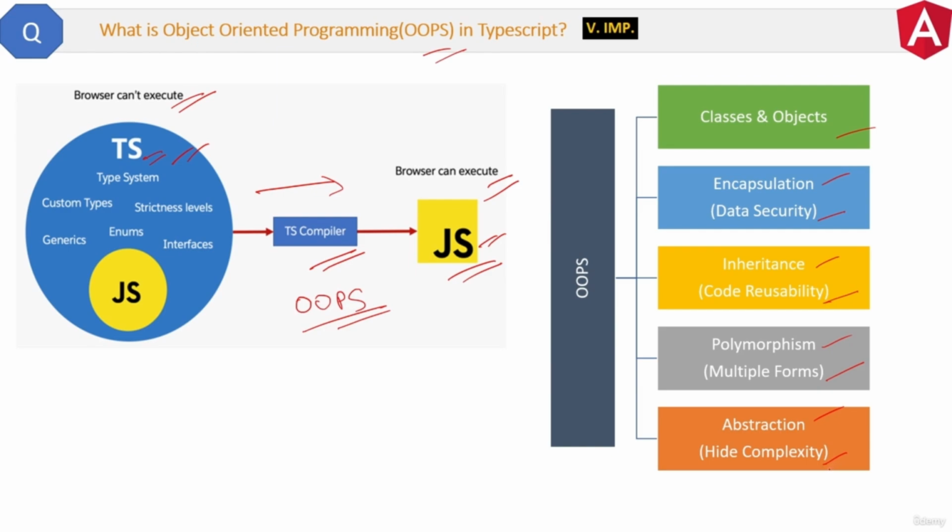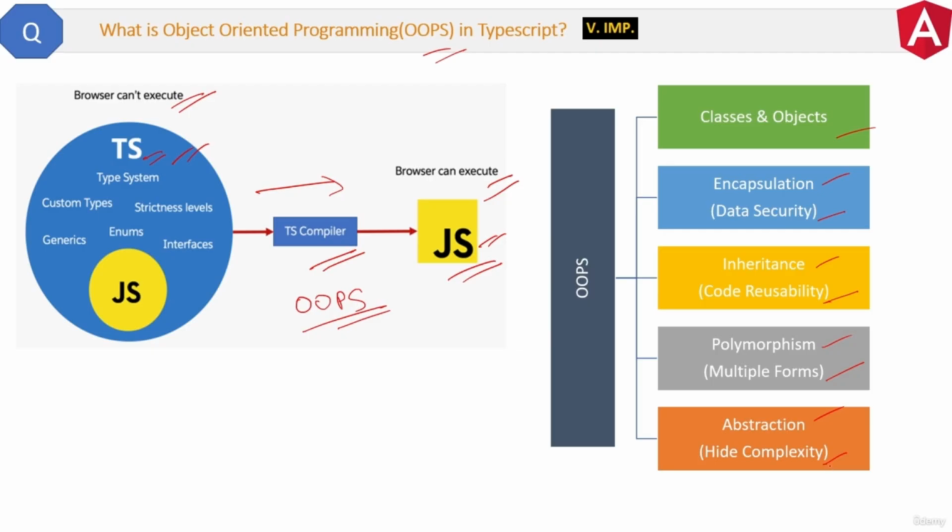So that is via abstraction. If you understand the advantages now, that's very good. If not, don't worry. In upcoming questions, we will see how these concepts can be implemented in TypeScript and how we will achieve these advantages from OOPS in TypeScript.